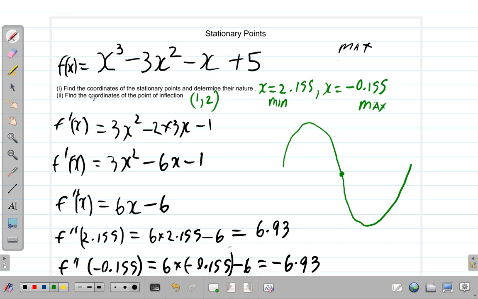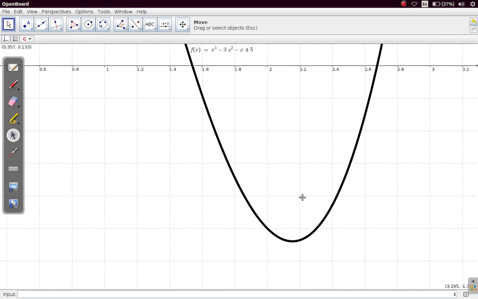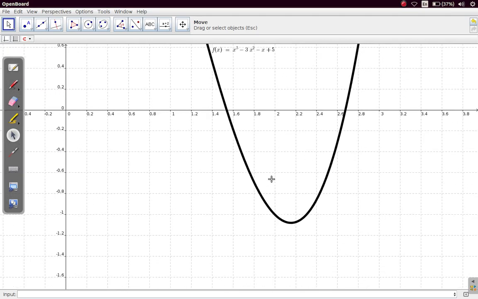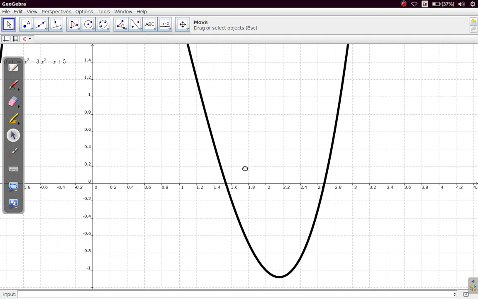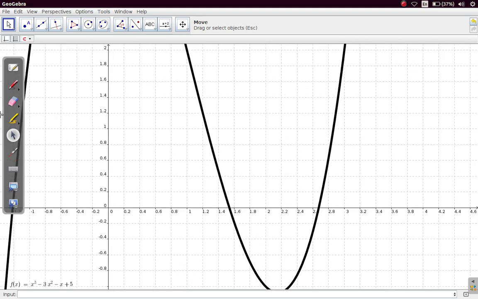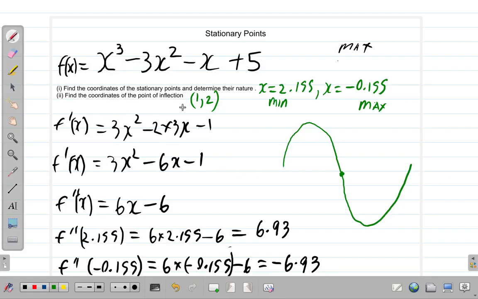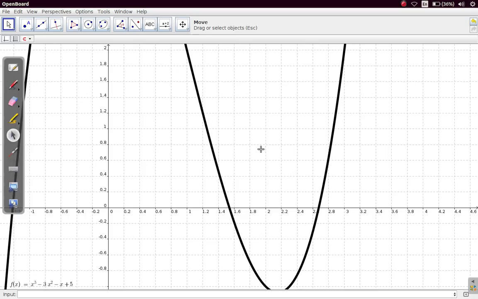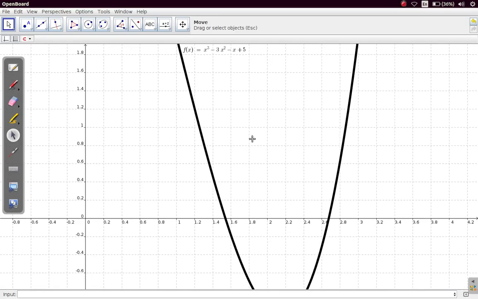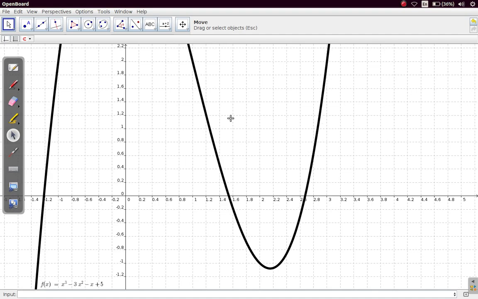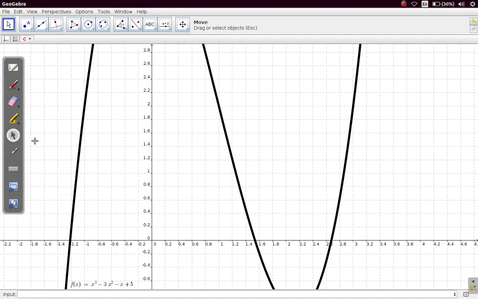And then the point of inflection. Alright, let's see the point of inflection. We said that it's located at 1, 2. Where would 1, 2 be? 1, 2 would be the point right here. Okay, good.